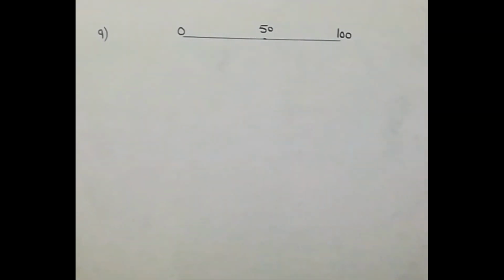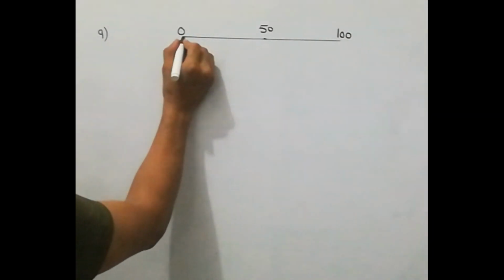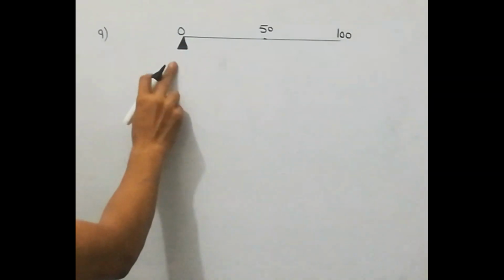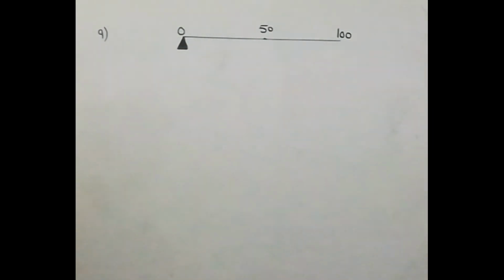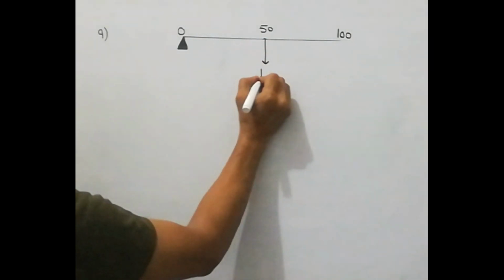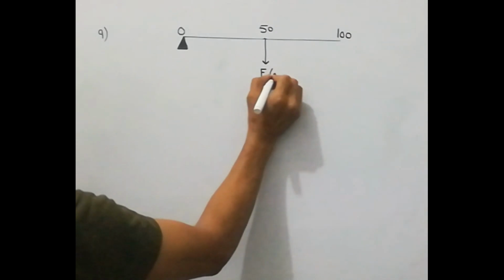Now, a uniform meter rule of weight 10 GF is pivoted at 0 mark. That means it is not pivoted at the center. So this is the point of rotation, and I told you if a scale is not pivoted at its center, then at the center you have to show a force that will be its weight.